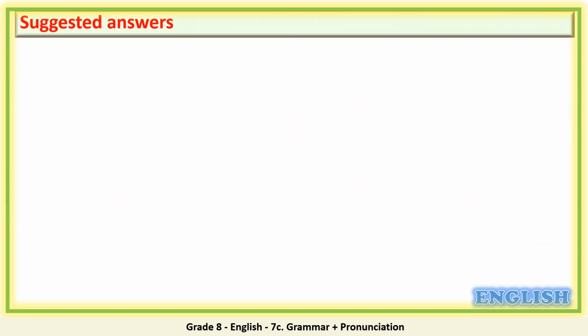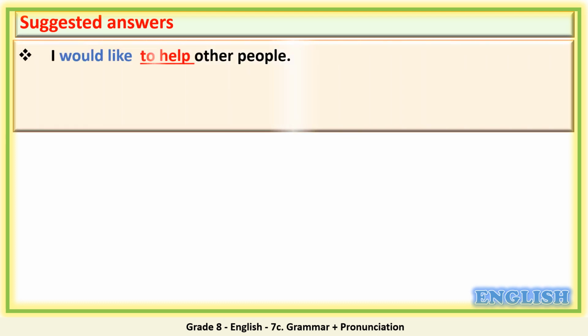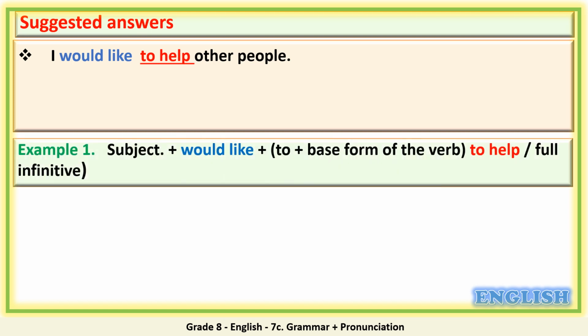Well, here are some suggested answers. Let's start with sentence 1. I would like to help other people. This sentence starts with the subject I plus would like, followed by to plus the base form of the verb to help, and that is called full infinitive, just as we studied this in the previous lesson.